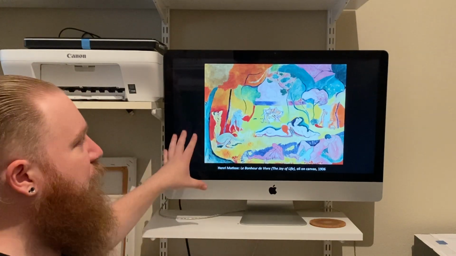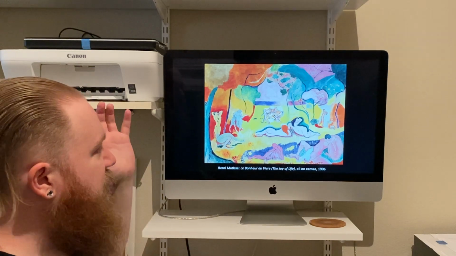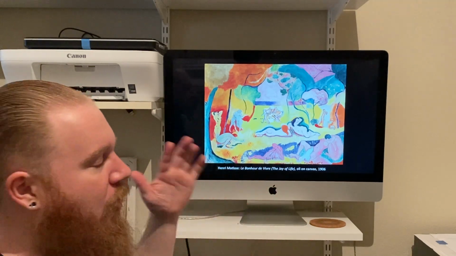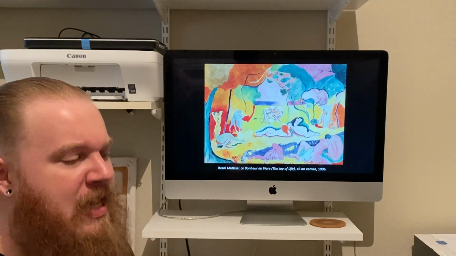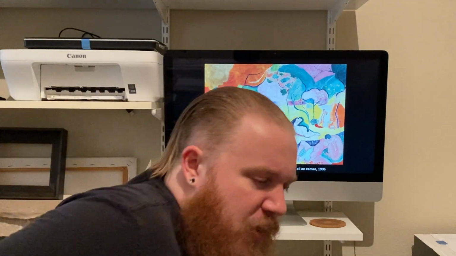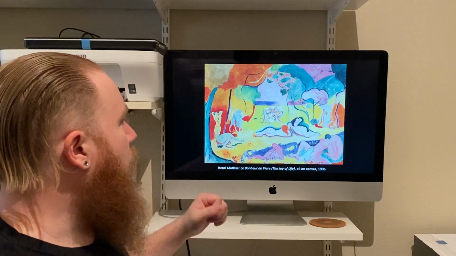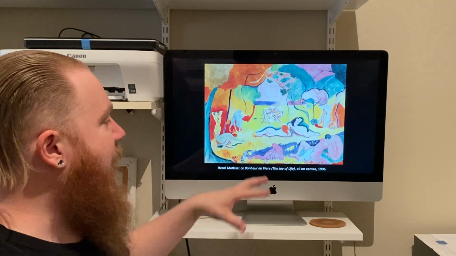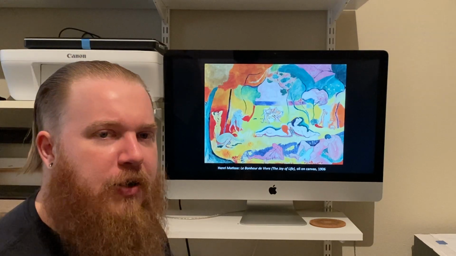But once again, we see this very extreme exaggeration of color. We see this extreme divorcement from traditional representational accuracy and realism. So it's embracing this almost childlike quality, or at least the spontaneity of a child's drawing, if you will. But once again, all of this is meant to echo this idea of personal inner expression.